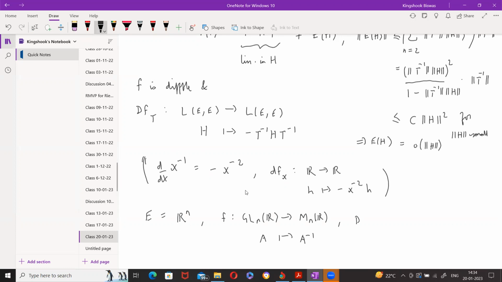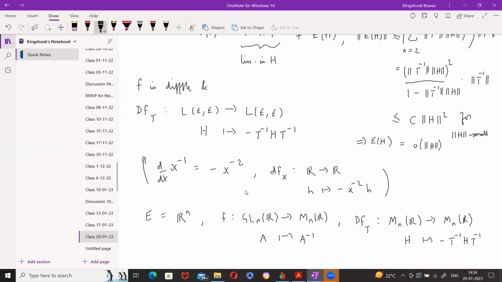The derivative dF at element T goes from Mn(R) to Mn(R). It sends a matrix H to the matrix minus T inverse H T inverse.